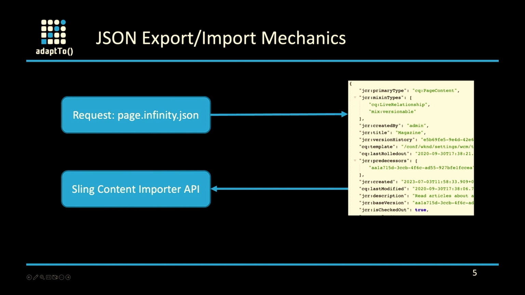But in practice, if you feed raw input from page.infinity.json to Sling POST, it most likely will not work because the JSON needs to be sanitized and protected properties need to be removed. If a page contains binary data, it's going to be lost, so it needs to be handled specially. There are other aspects. And the Content Sync tool tries to solve all this for you in an automated manner.